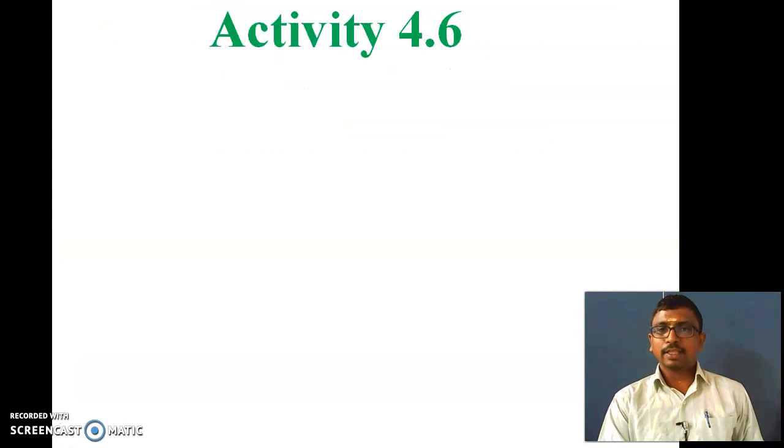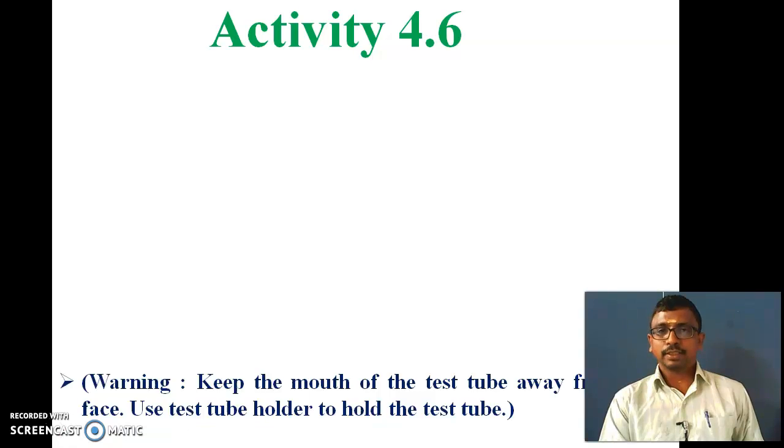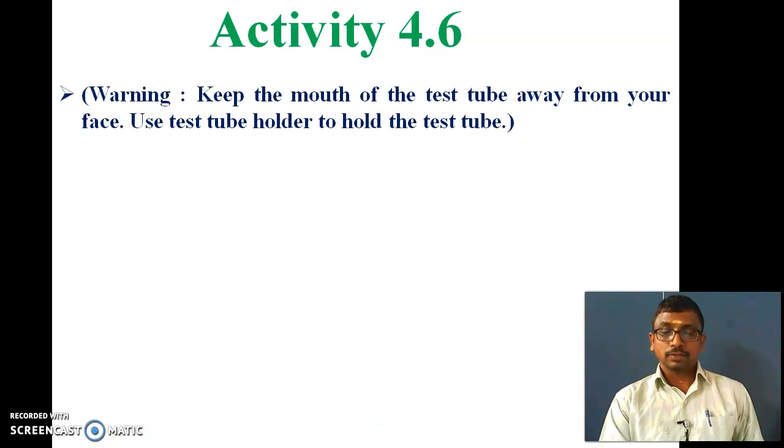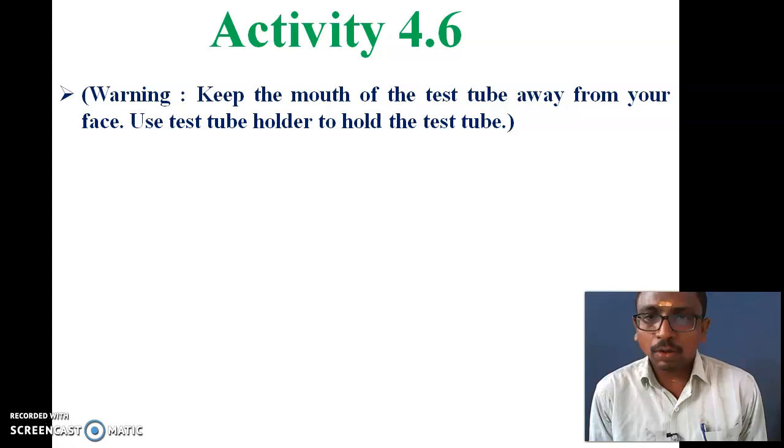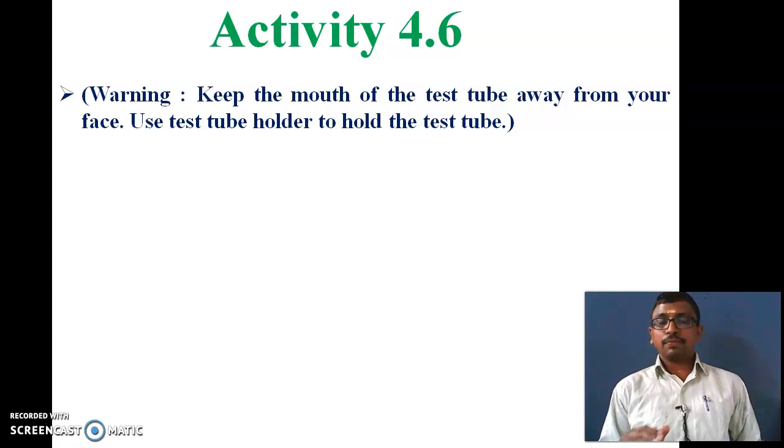Let us see activity 4.6. In that, we have to keep the mouth of the test tube away from your face. Use a test tube holder to hold the test tube.